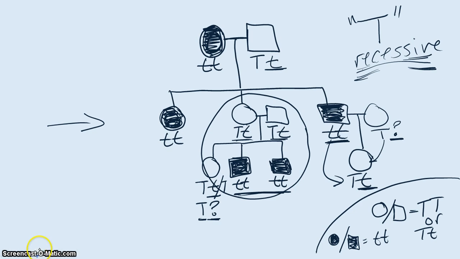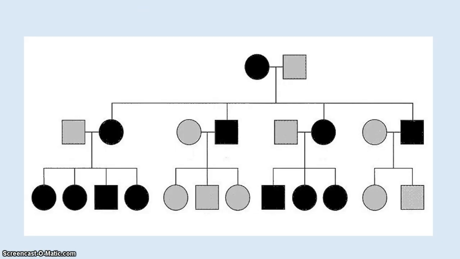Now, let's go ahead and run through a dominant chart, what a dominant chart looks like. So let me find that one for you here. So this is a dominant chart, and I can tell that because I don't have anywhere where I have two parents that are both non-colored in having a child that is. So because I don't have that anywhere on this chart, I know this chart is dominant. Okay?